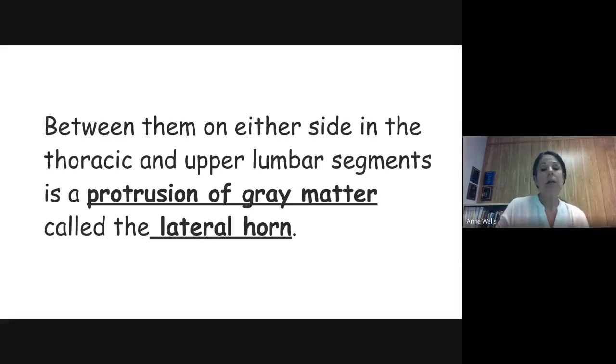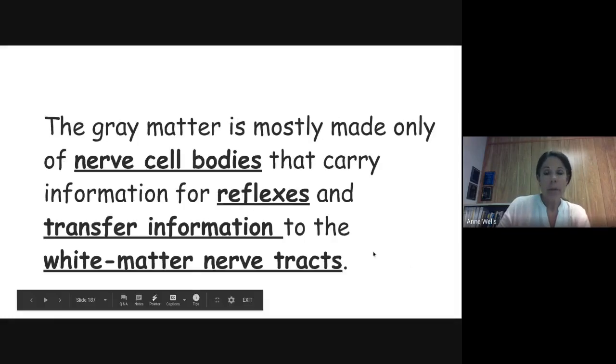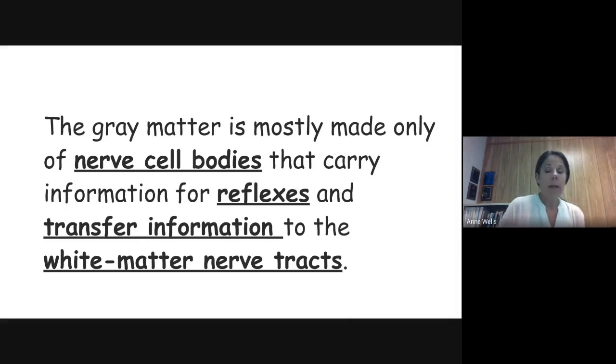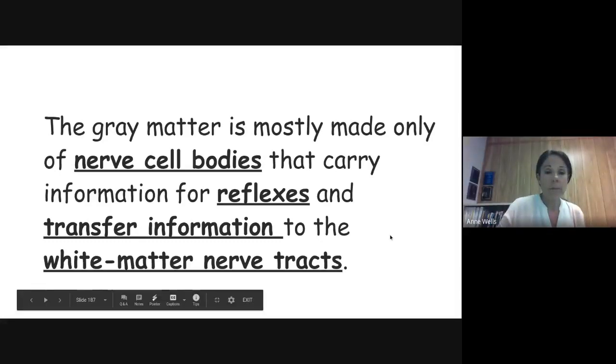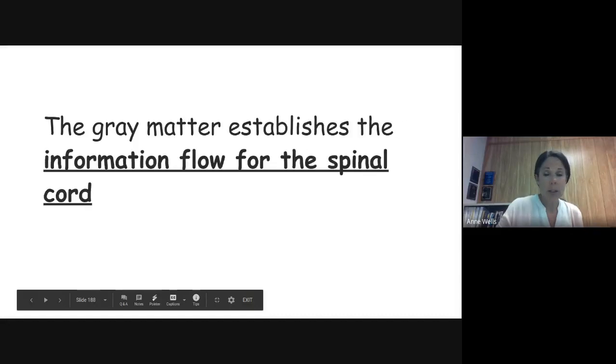Between them, on either side in the thoracic and upper lumbar segments, is a protrusion of gray matter called the lateral horn. The gray matter is mostly made only of nerve cell bodies that carry information for reflexes and transfer information to the white matter nerve tracts. The gray matter establishes the information flow for the spinal cord.